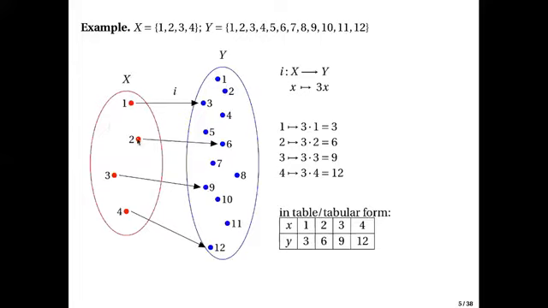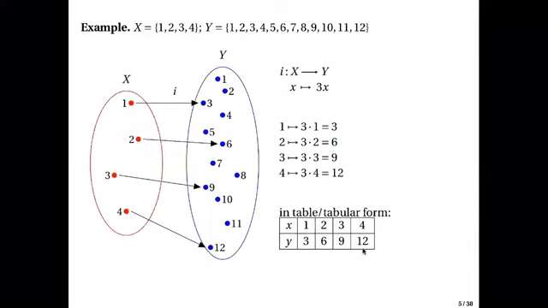You have the rule for that mapping I. You also have this enumeration: you enumerate each element of X and which is its partner from the set Y. So your 1 is being mapped to 3, etc. Or in tabular form, which is also an enumeration, but written in table form.